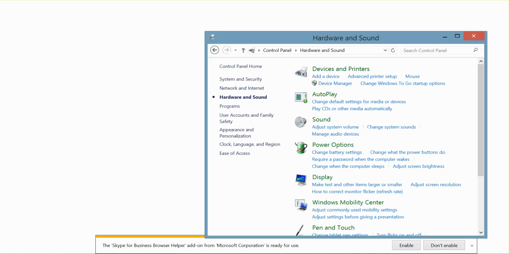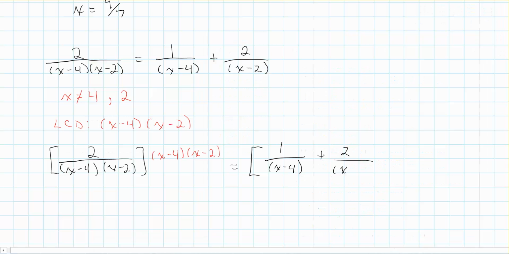Sorry about that. And then that's going to be multiplied by (x minus 4)(x minus 2).